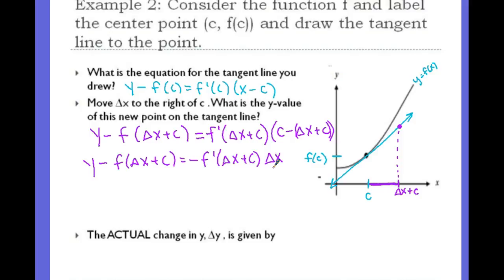So that makes my actual change in this given by f of c plus delta x, which is exactly what you predicted. Once you start to look at these changes and plug in actual values, they will ultimately give f of c plus delta x.